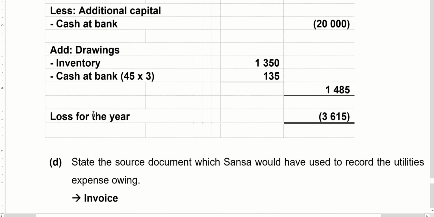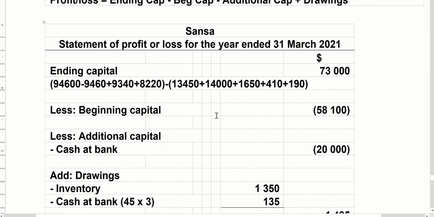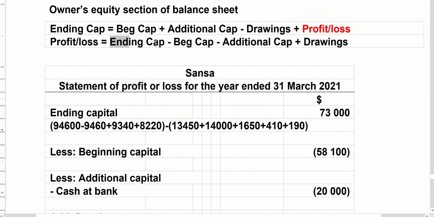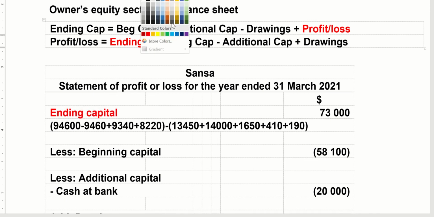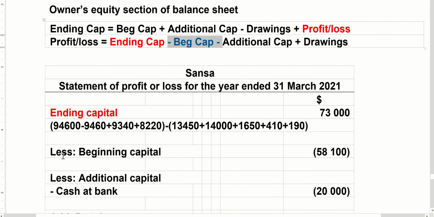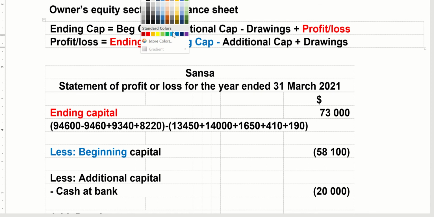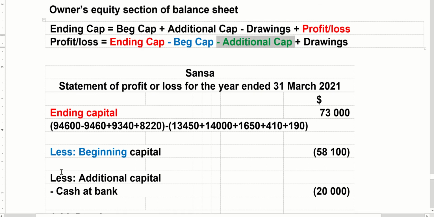You see that your profit or loss for the year is at the bottom, so you start with ending capital here. Then you minus away beginning capital, so you should less beginning capital, and then minus away additional capital, so you should less additional capital.